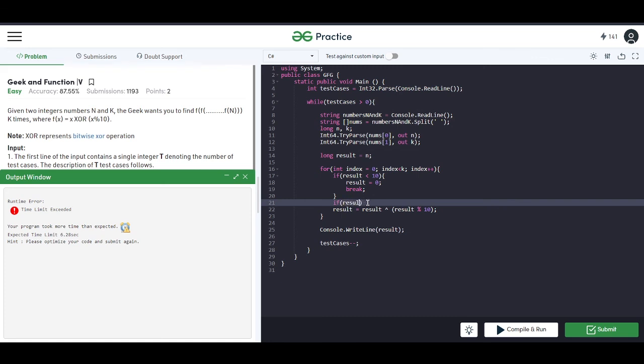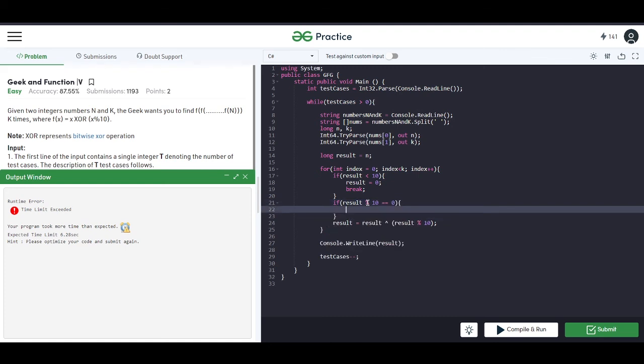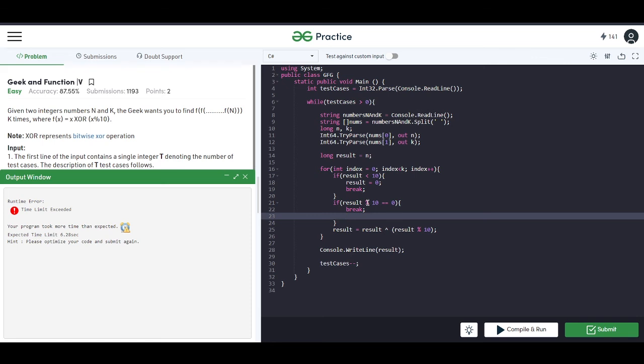If result mod 10 equals 0, we'll just break the loop. Let's see if it is still giving the right answer. Okay, so this has done the trick.